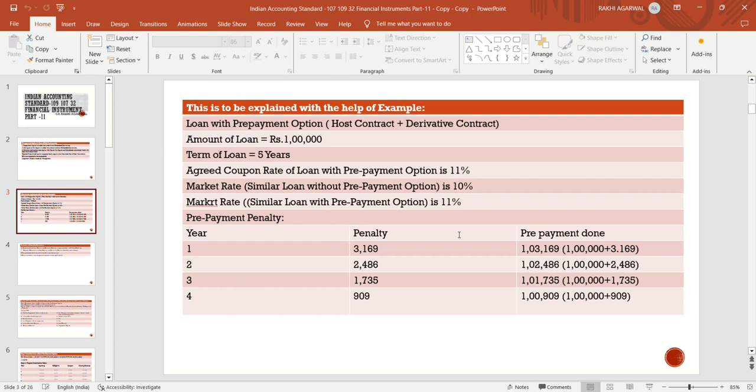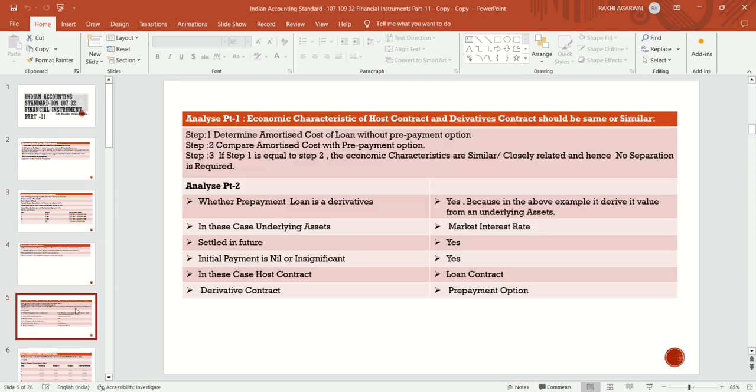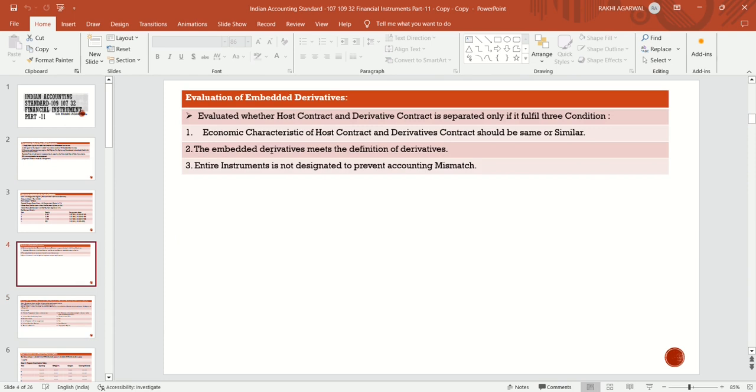We will compare it with that. If step 1 is equal to step 2, the economic characteristics are similar, closely related, and hence no separation is required.